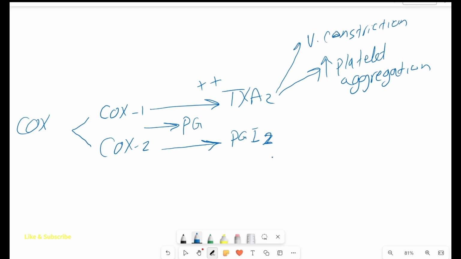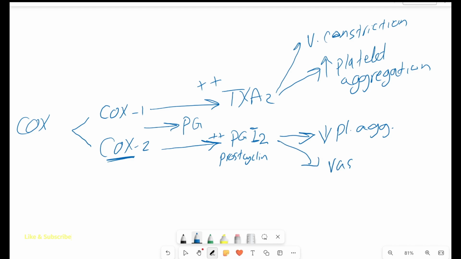On the other hand, we have prostacyclin, PGI2. Let me clean it a little bit here, make it clear. So when you activate COX-2, prostacyclin will be activated. So the result will be decreased platelet aggregation and vasodilation.